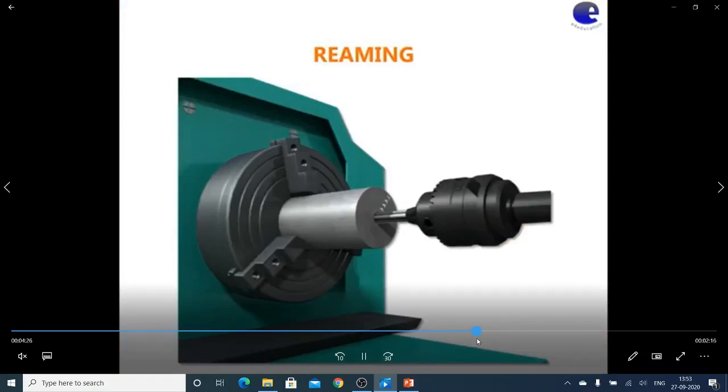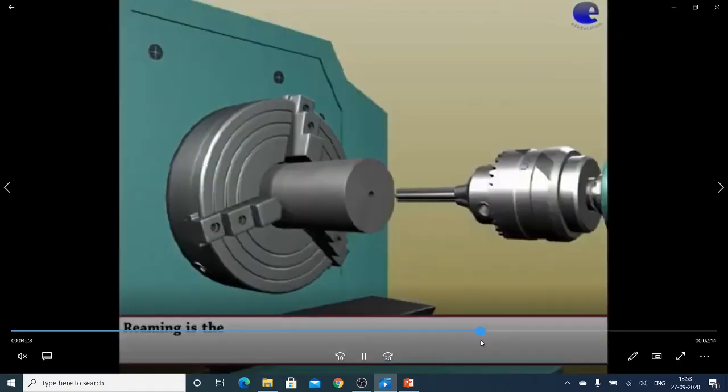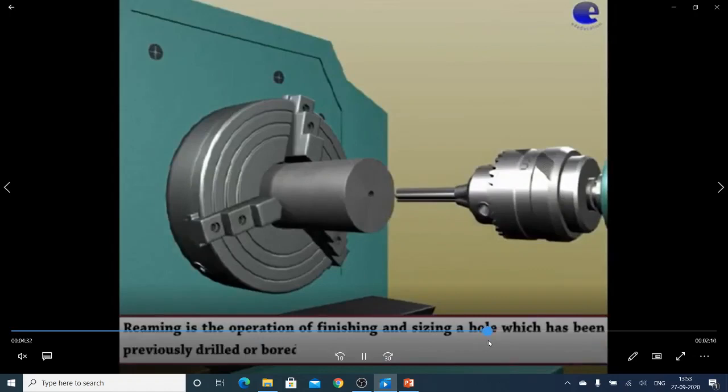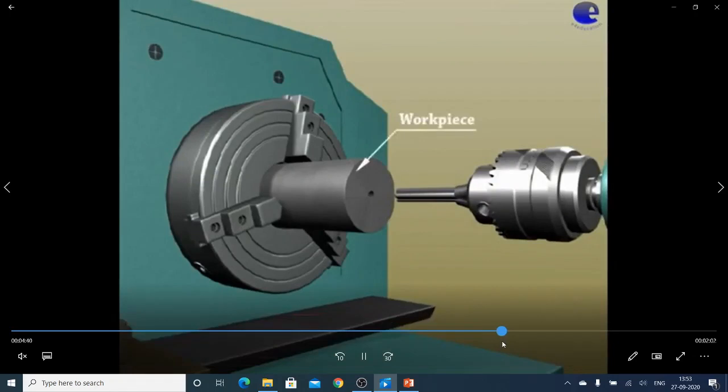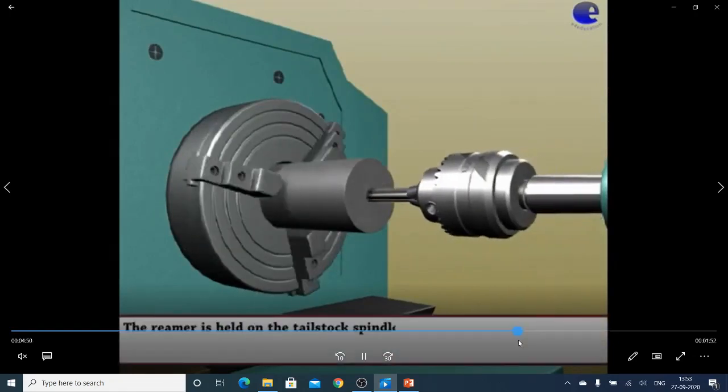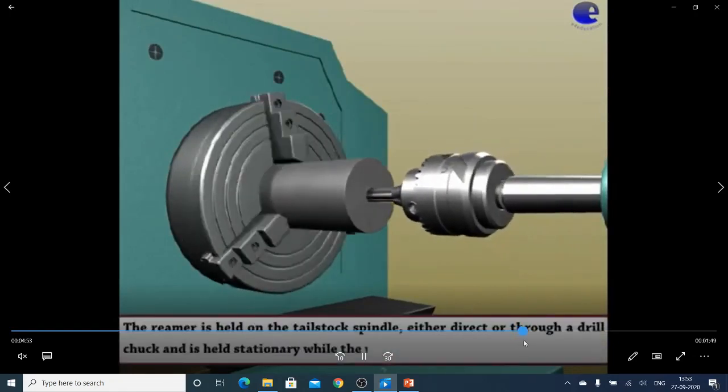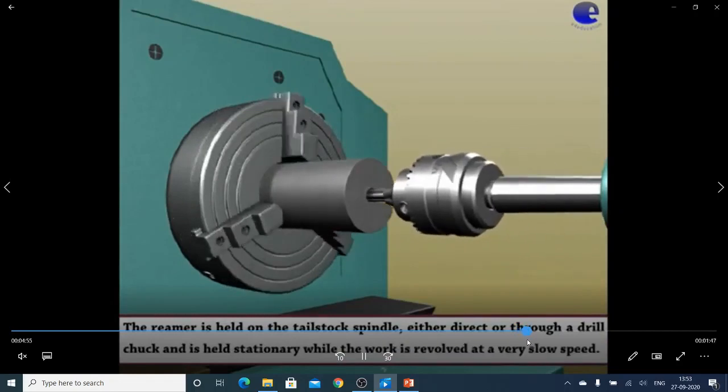Then the reaming operation. Reaming is generally carried out after the drilling operation. Reaming is used to finish the drilled hole. When a hole is drilled, the inside surface may be uneven, so you have to finish that inside surface. Then reaming is used. The material removed in reaming is very minute, or negligible.